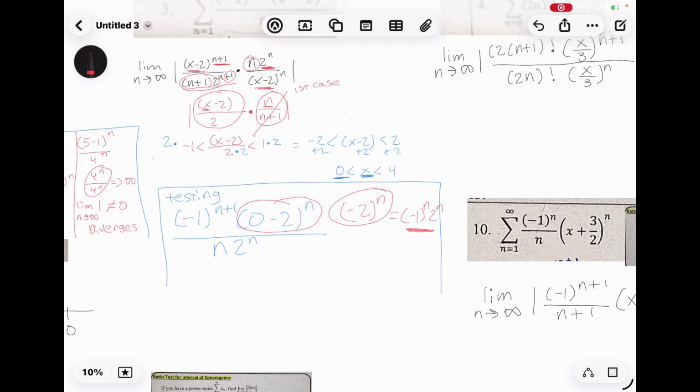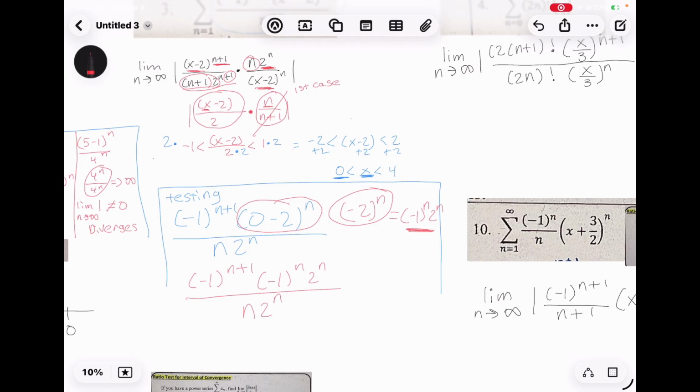The reason why I did negative 1 to the n is because it's a harmonic series, right? That's something that will make our life easier at the end to tell whether it will converge or diverge. I'm just making my life easier. Okay? So when I simplify that, it would be negative 1 to the n plus 1, and then negative 1 to the n, 2n, and then n to the nth power.